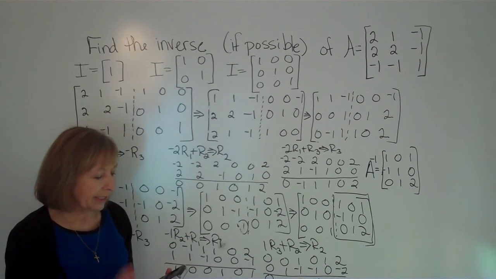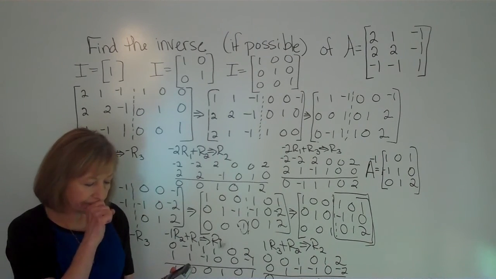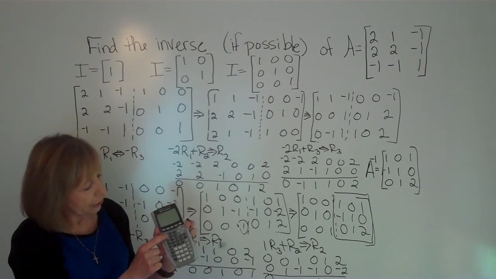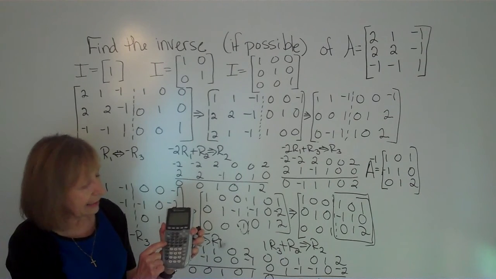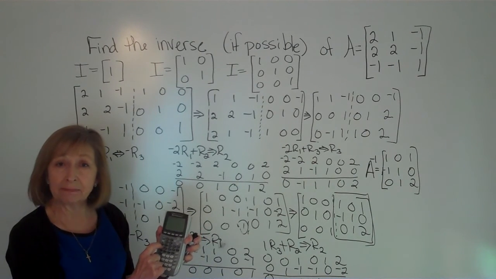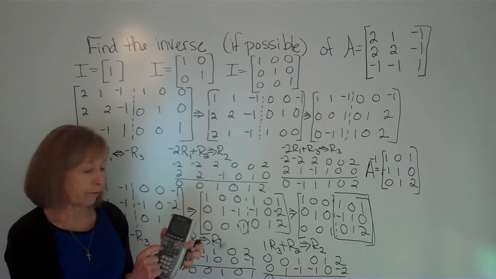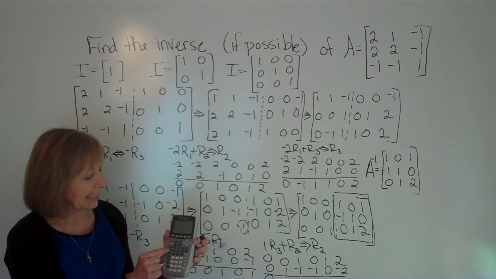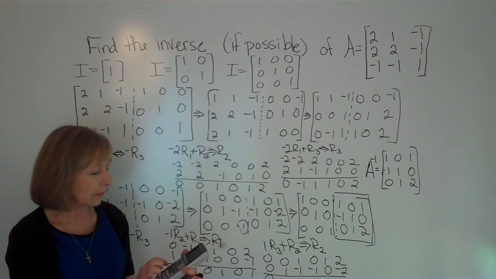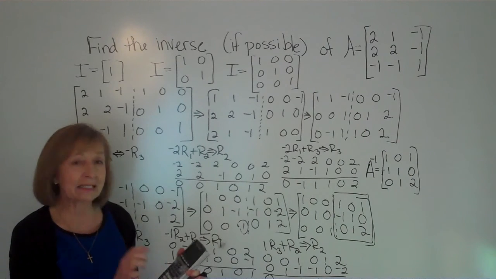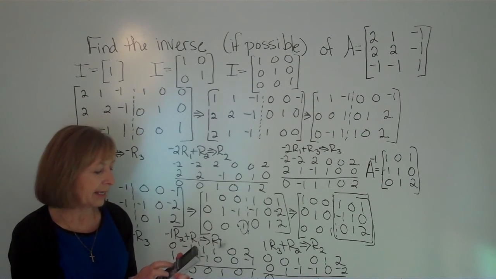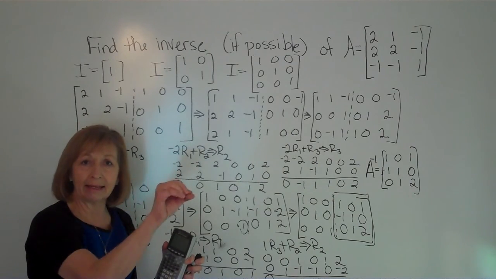Now with these calculators, the matrix is your second button, and the X with the little -1, it says matrix above that. So if you push the second button and that key, you will see that it says matrix, and then it will give you names, math, edit.